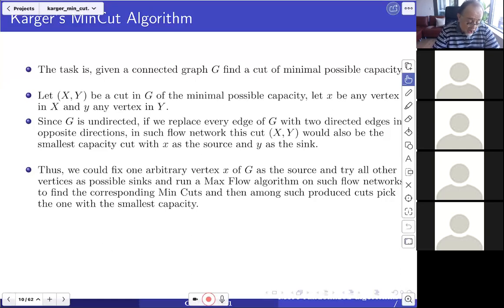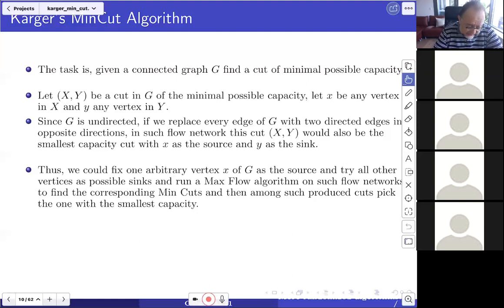So max flow from your source to sink is exactly the same as max flow if you make the sink now a source and the source the sink, and just replace the direction of the flow with the flow in the opposite direction. You will get exactly the same amount of flow by symmetry.